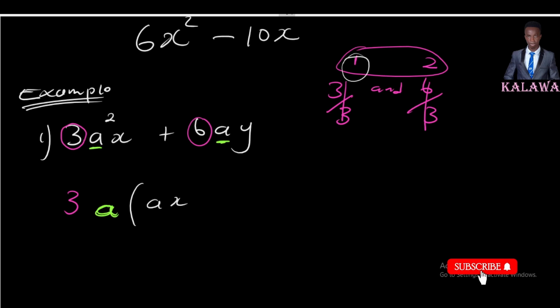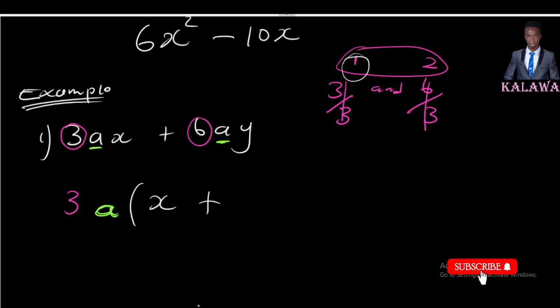But in this case, there's no a square. So therefore, we only have 1a. So meaning 1a divided by a is 1, and 1 multiplied by x is x. So what is remaining here is x.